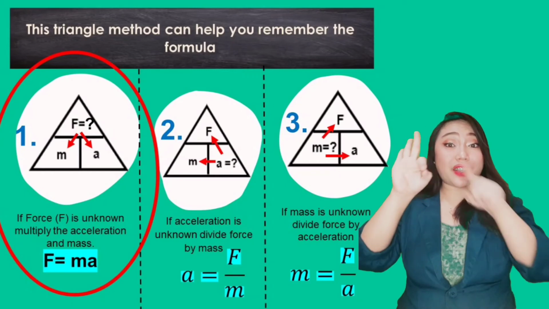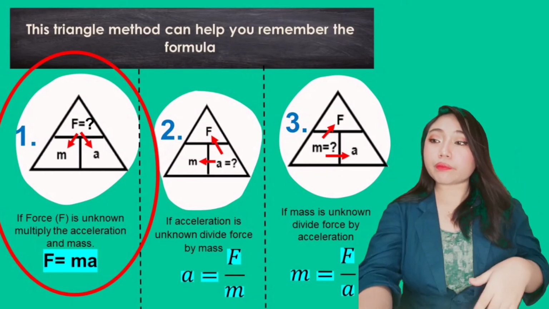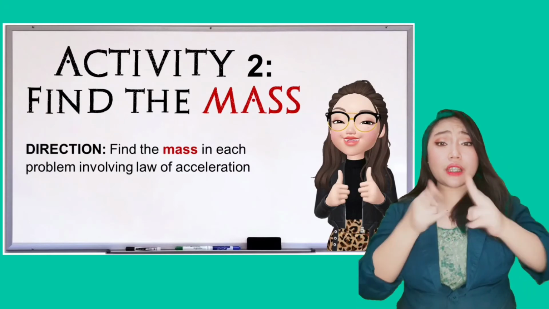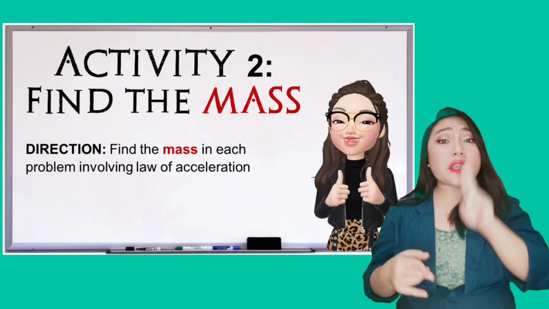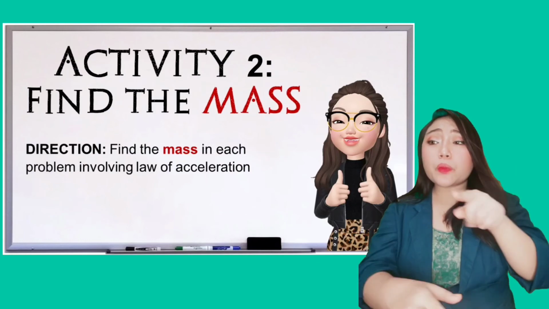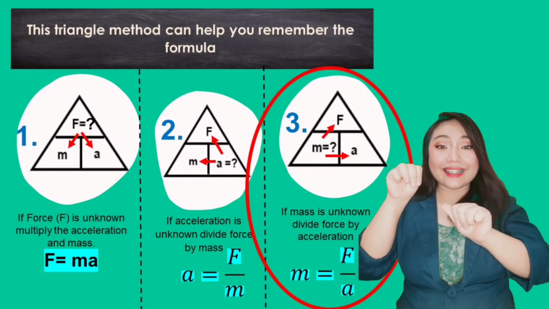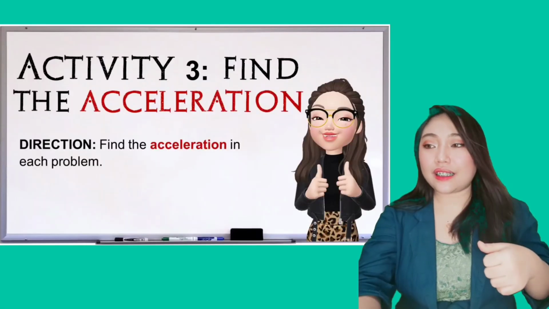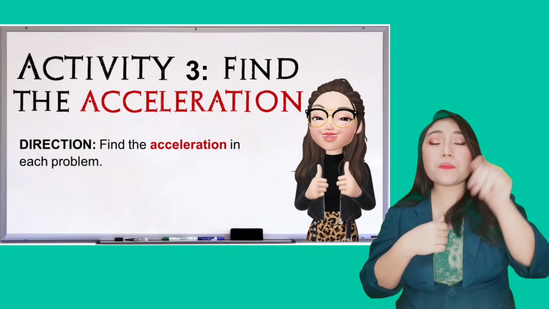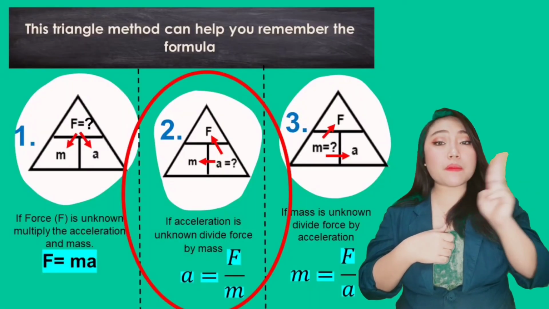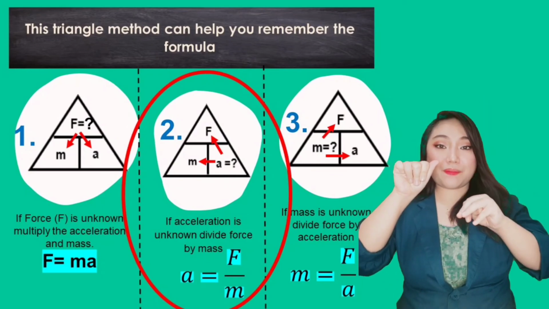You would be using F equals M multiplied by A. For activity number 2, you would be looking for the mass, using the formula mass equals force over acceleration. And for the last activity, number 3, you would be finding the acceleration. You would be using A equals F over M.